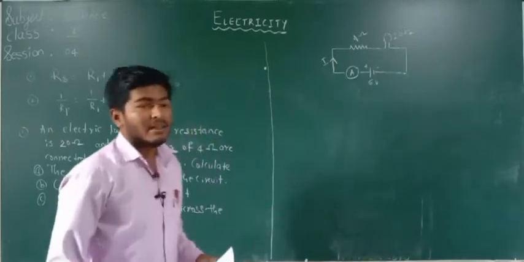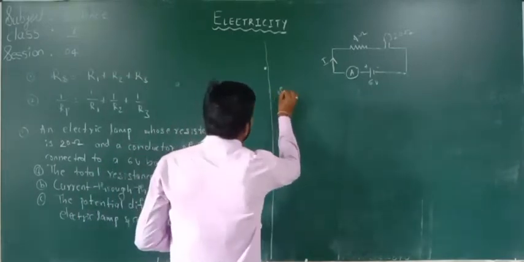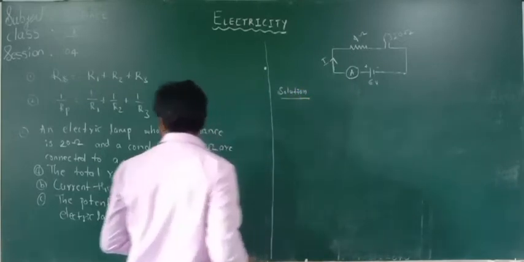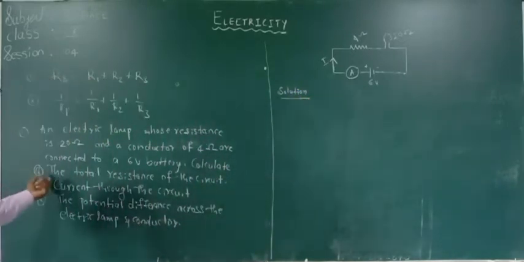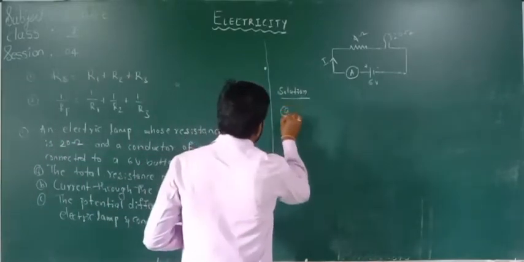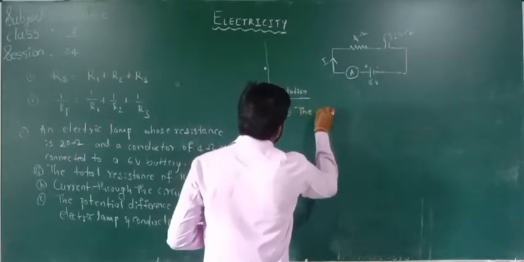See what they have asked. Solution. First one, A, the total resistance of the circuit.